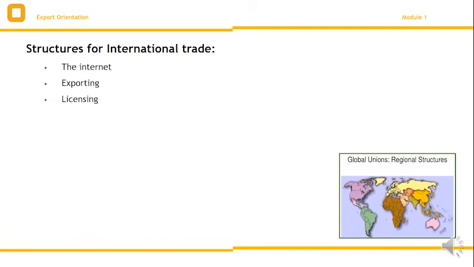They are international companies, but through licensing, they are able to export their products and services to various different countries. So how does licensing work? It's when your organization charges a royalty fee for the use of the name, the brand, the technology, and the expertise as well.